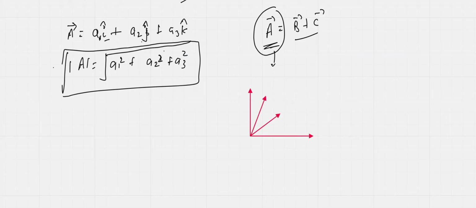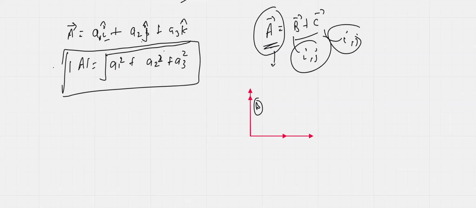The problem is that b and c are themselves in some form. In the previous case, I knew that this was the b vector itself, and this was my c vector itself, and I know the magnitude, so I can simply use the Pythagoras theorem directly.